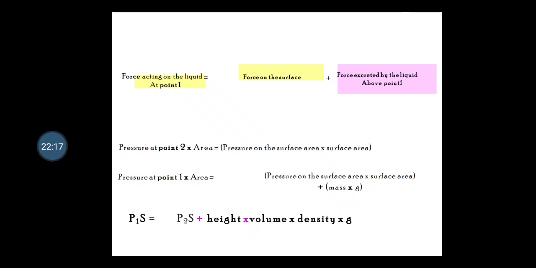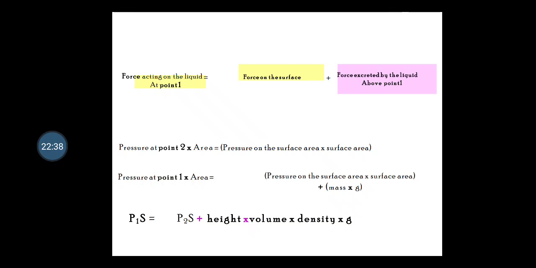The new equation will be P1S is equal to P2S plus, inside the bracket, height multiplied by volume multiplied by density multiplied by g.